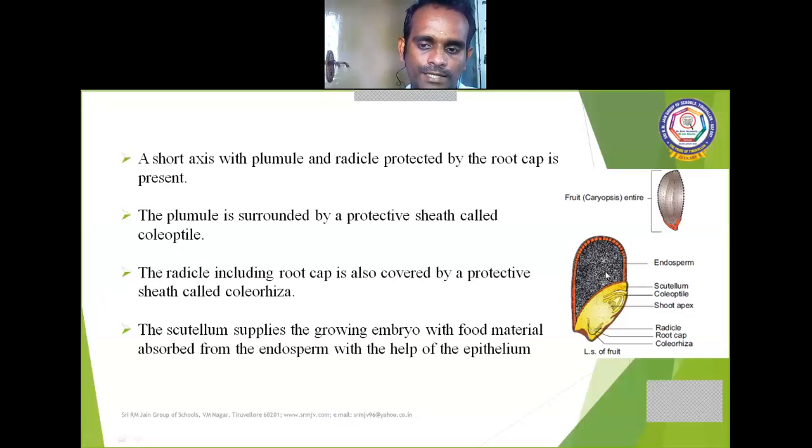It is separated by a definite layer called epithelium. This is called embryo, and this is called endosperm. The embryo and the endosperm are separated by a membrane called epithelium. Can you understand? Yes.